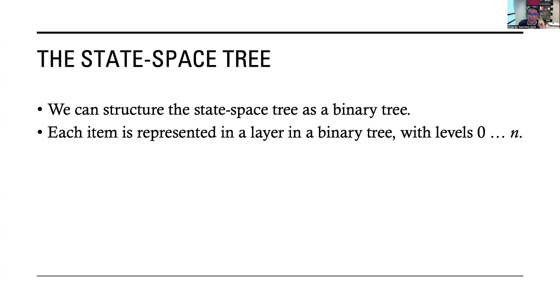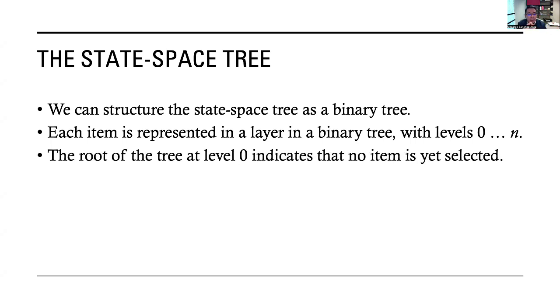Remember that we have n items that we can take into the knapsack. So that is going to be the range of the counter that I will use, or the number of levels that my tree can have at the most, right?